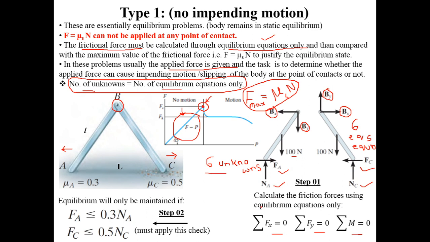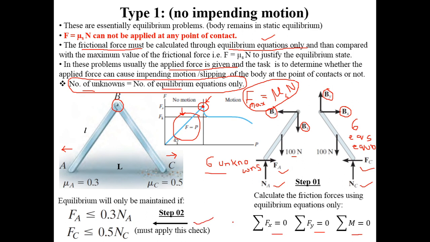Once you calculate all these unknowns, step 2 will be to check your assumption. So this check is a must condition for type 1 problem. You have to apply this check. After finding out the values of friction forces, normal reactions and other unknowns, you have to move on to step 2 and must apply this check.